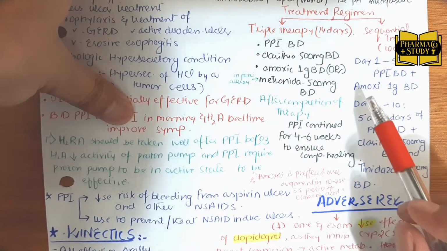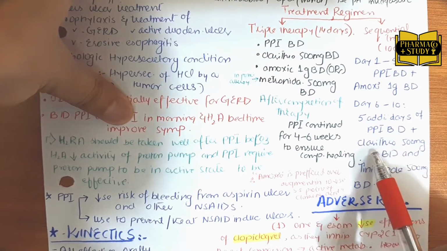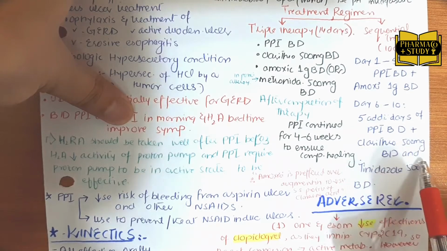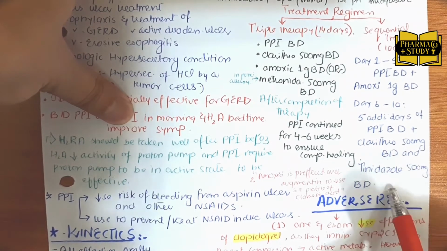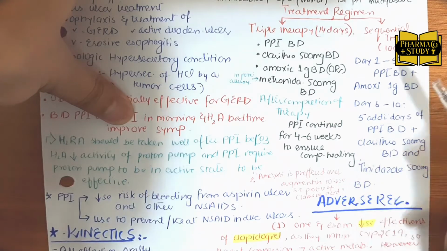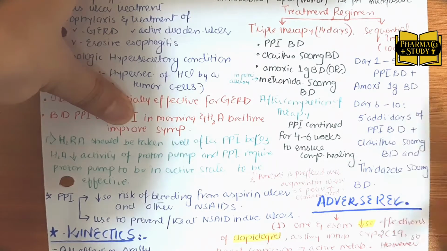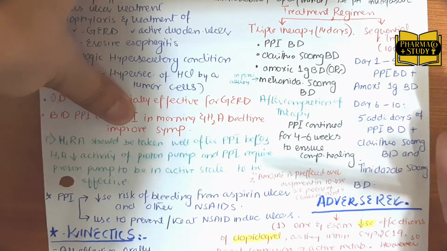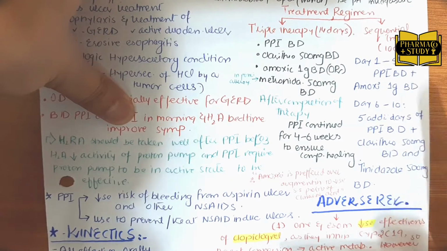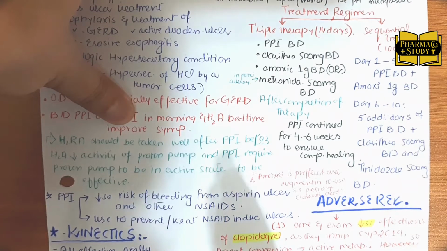Now the amoxicillin is replaced by clarithromycin 500 mg twice daily and tinidazole 500 mg twice daily. So this time one antibiotic is discontinued and two other antibiotics are added. Overall, the sequential treatment consists of 3 antibiotics.